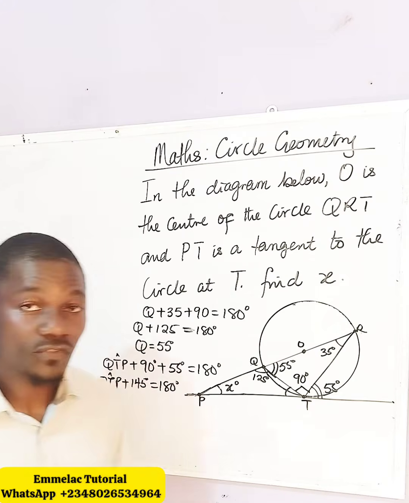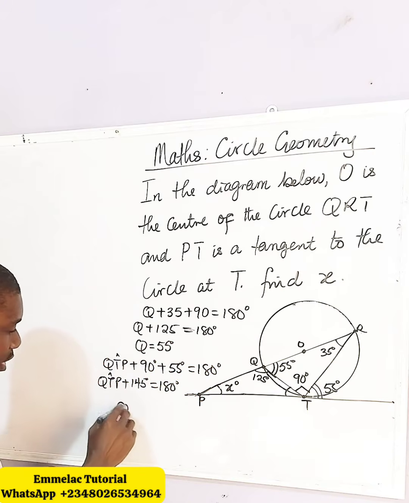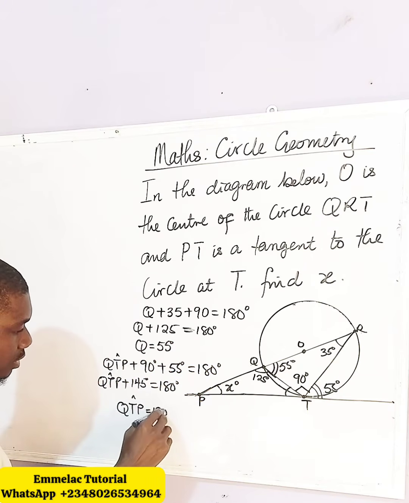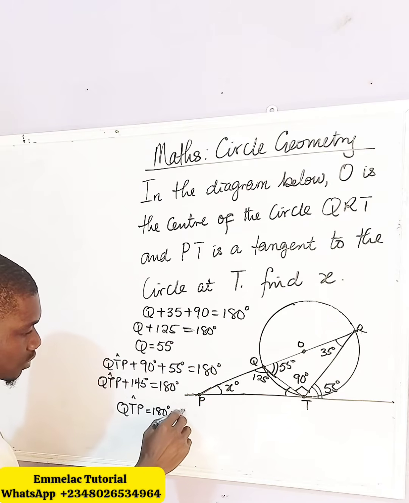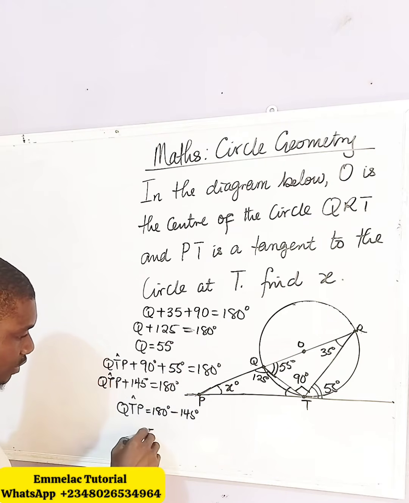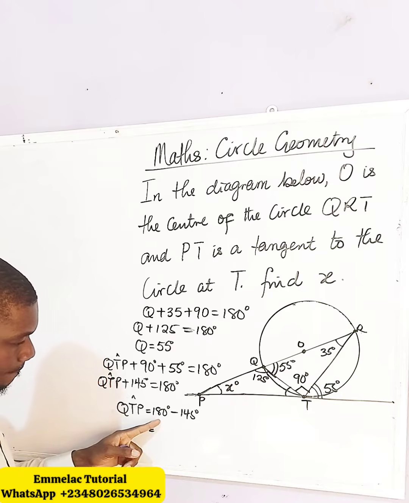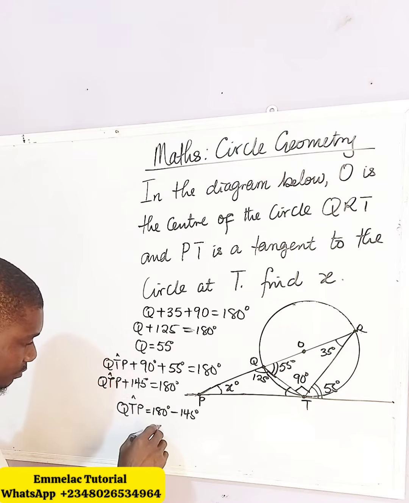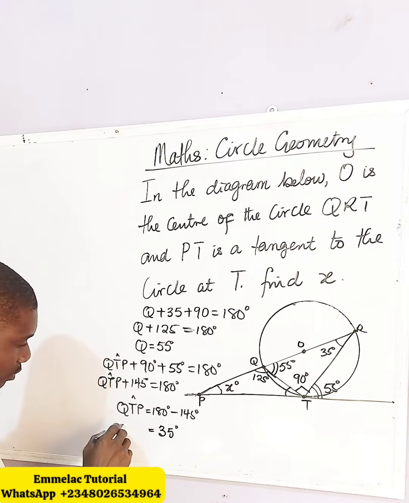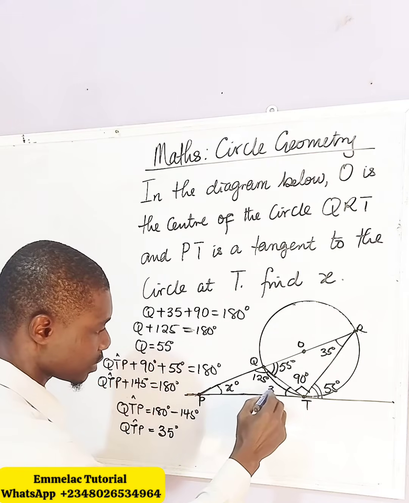When we subtract 145 from both sides, QTP equals 180 minus 145, which gives us 35. So this angle here gives us 35.